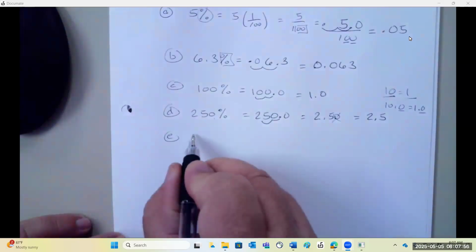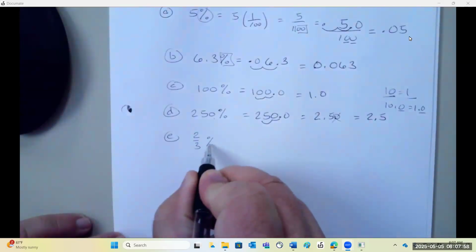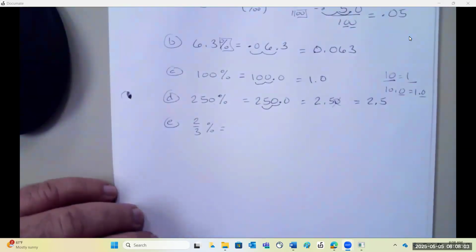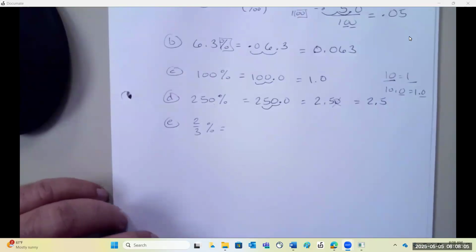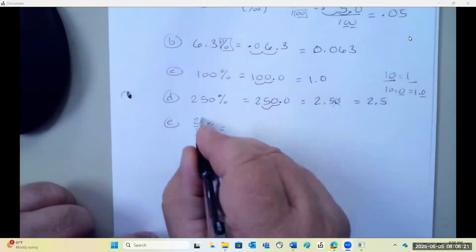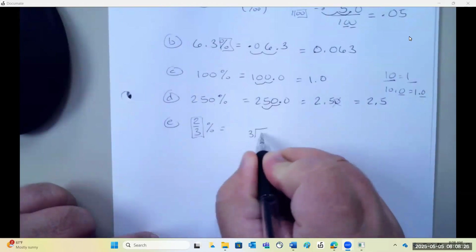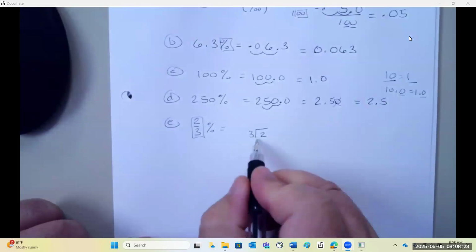E, 2/3%. So the first thing you have to do there is what? A decimal, right? So we have to convert 2/3 into a decimal. Does 3 go into 2?